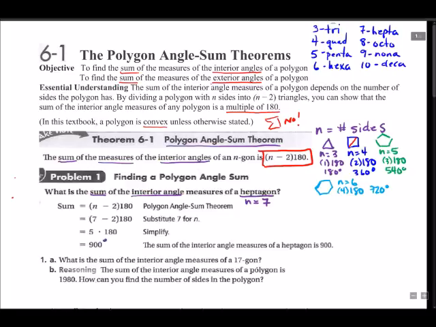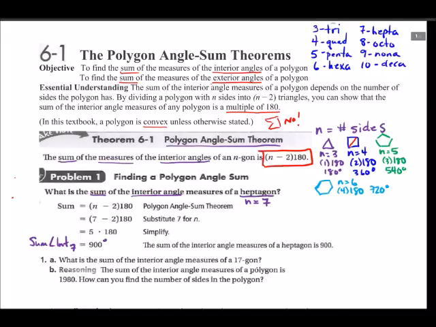So that's 900 degrees, and we can say sum of the interior angles of a heptagon, we can put a little 7 down there, 900 degrees. Just like all of these others, that's always going to be true. So you now know everything for triangles, quadrilaterals, pentagons, hexagons, and heptagons, and you could easily find them out for a nonagon and a decagon if you'd like.